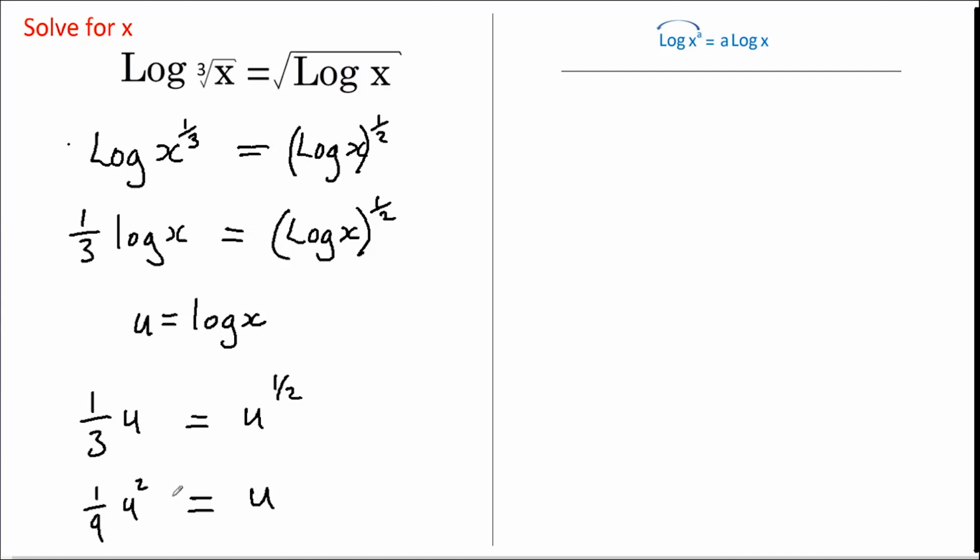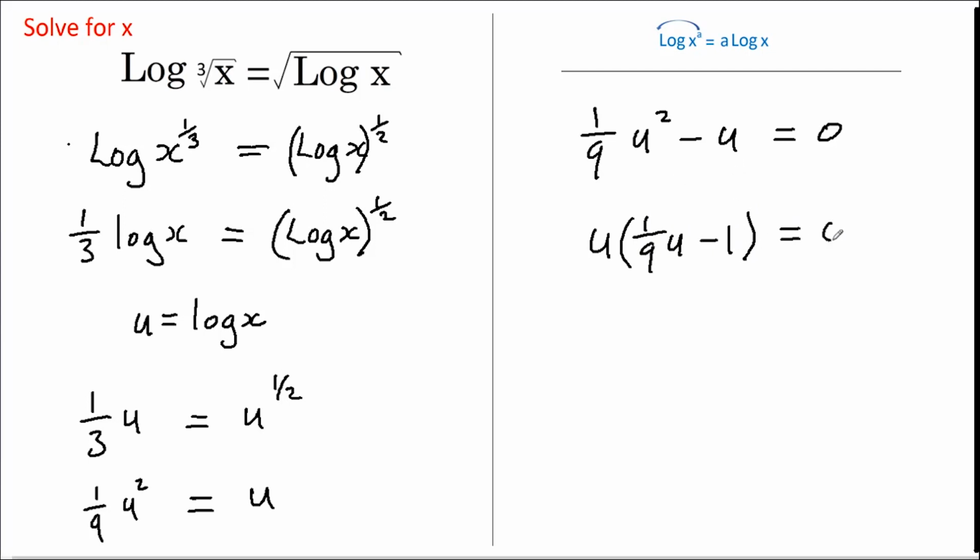Now let's bring this u over to this side, so I end up with 1/9 u squared minus u equals 0. And now we can pull the u out from both terms. So this becomes u multiplied by 1/9 of u minus 1 equals 0.